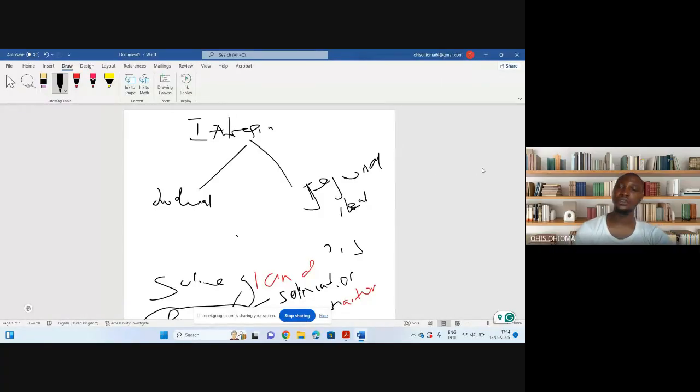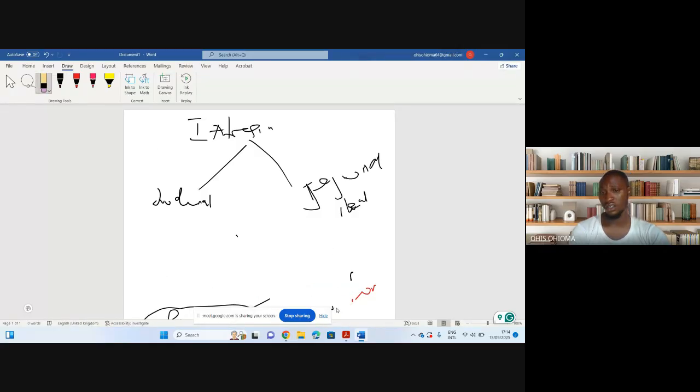Now, what happens in this condition? Like I told you guys earlier when I was talking about hypertrophic pyloric stenosis, I mentioned that this patient, because it's at the level of the pylorus, will have non-projectile vomiting.